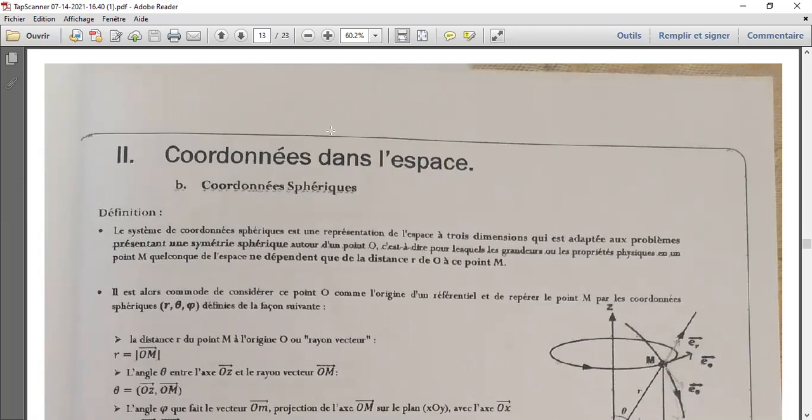So we're going to continue with our spherical coordinates. I'm just going to do a quick recap, some summary about the things we did last time.